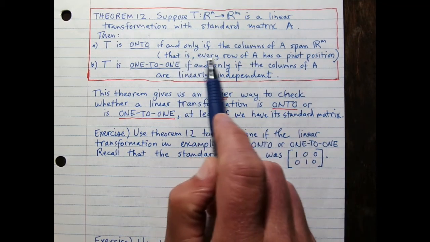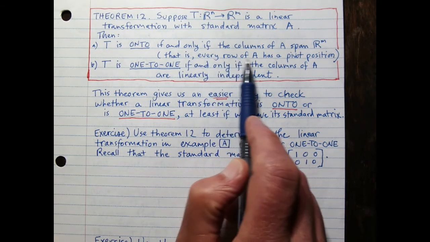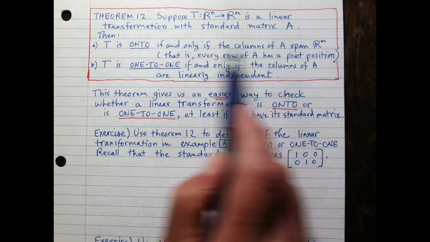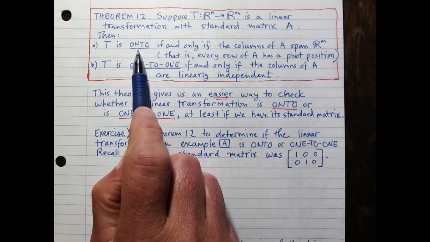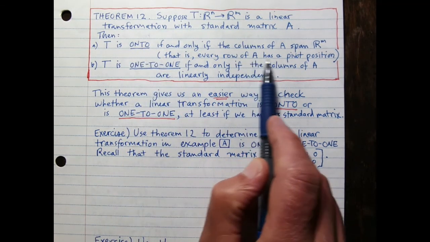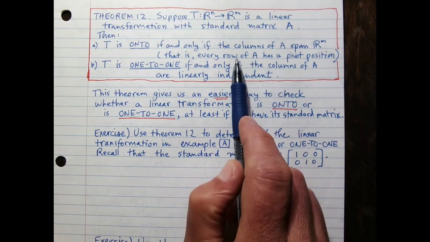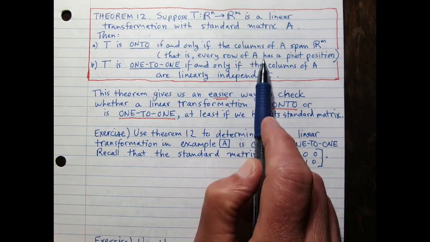That is, if and only if every row of A has a pivot position. So what we're doing is turning this abstract concept of onto into an equivalent statement about the matrix of the transformation. So it's onto only if A has a pivot position in every row.